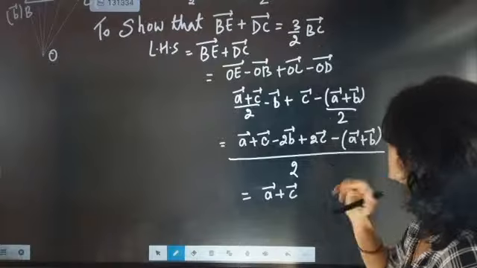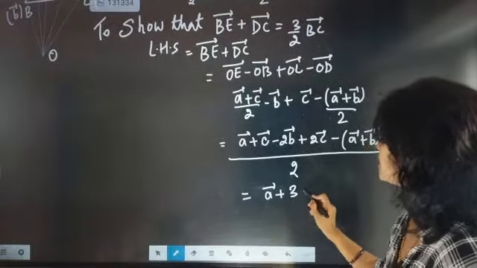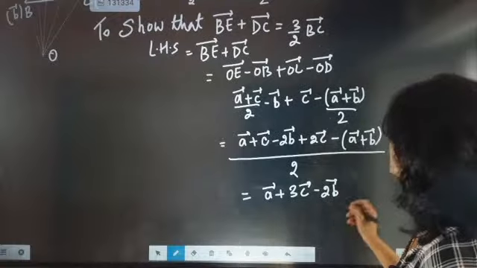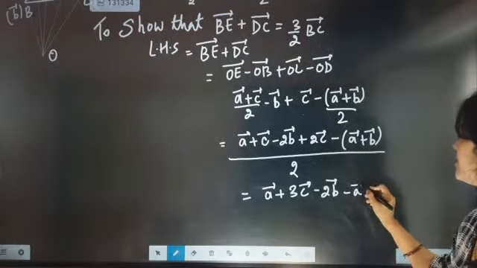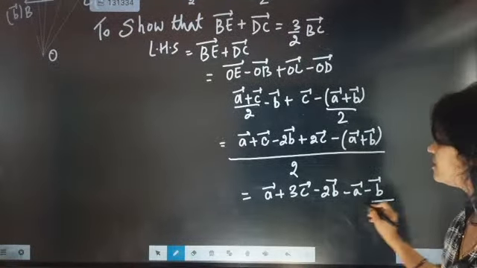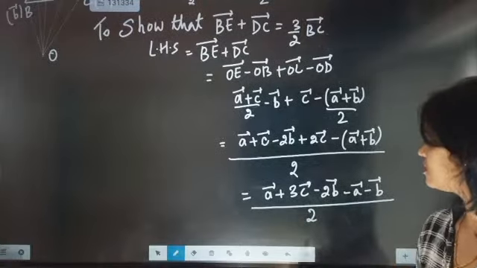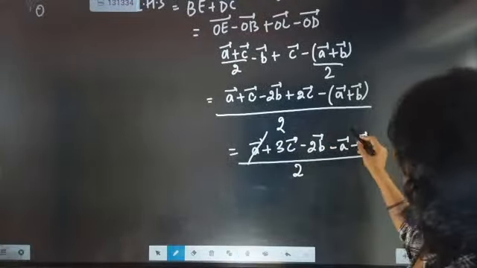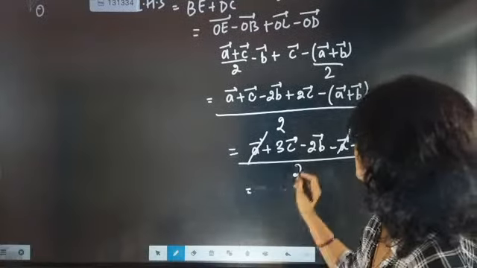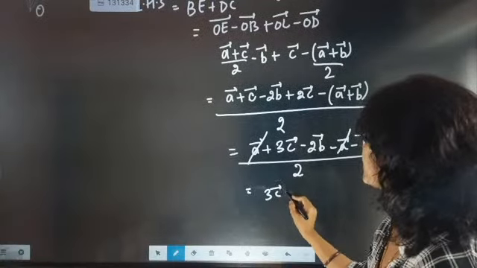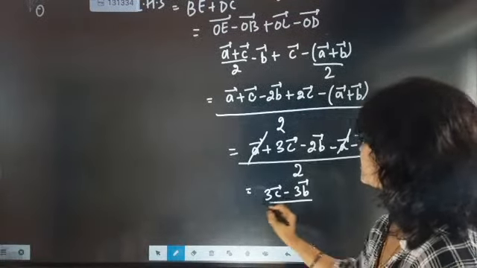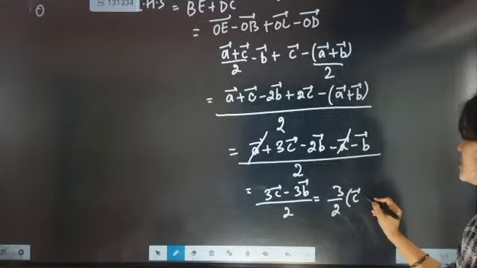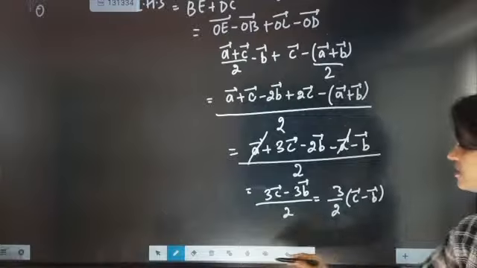C vector plus 2C vector will become 3C vector, minus 2B vector minus B vector, so it becomes (3C vector minus 3B vector) by 2, which is 3 by 2 (C vector minus B vector).